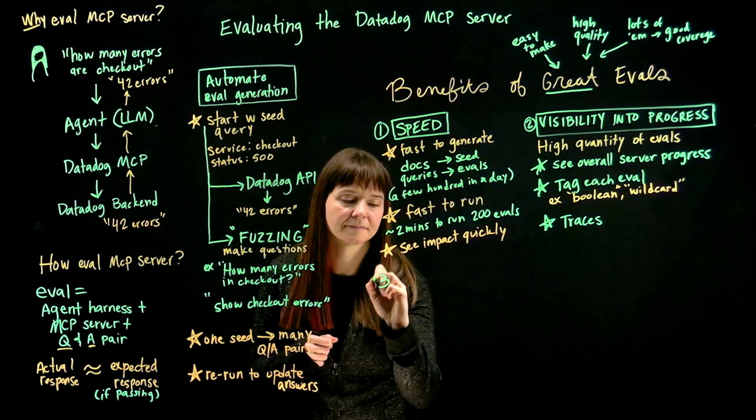The great thing about having our own evals: right now, these are evals produced by the MCP server team, but those are not the only evals. Agent teams, for example Datadog also has Bits AI SRE and Bits AI assistants that need to use tools, and they are free to use different ways to get tools.